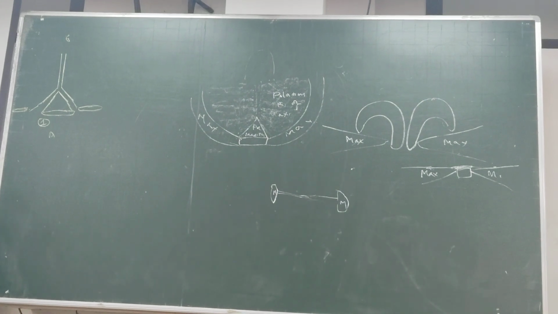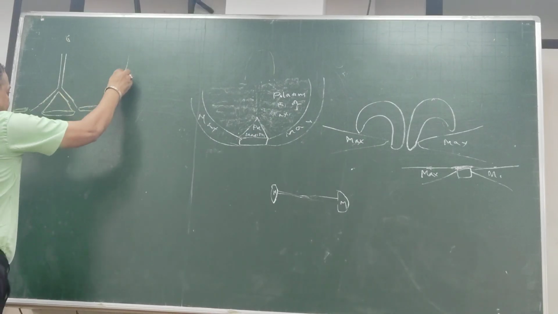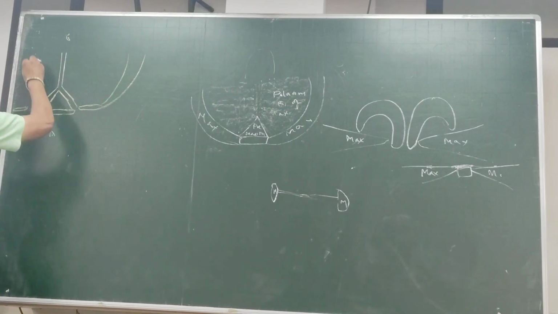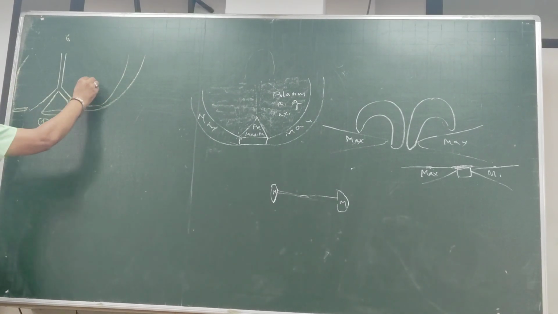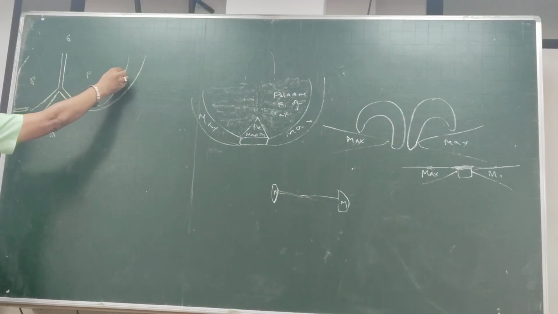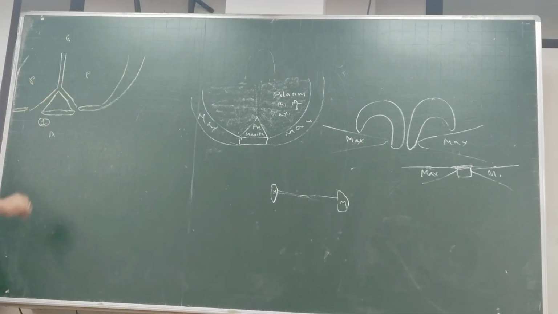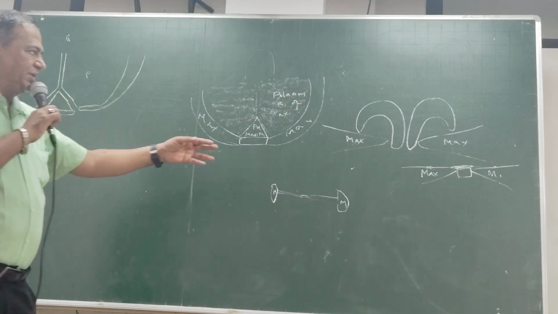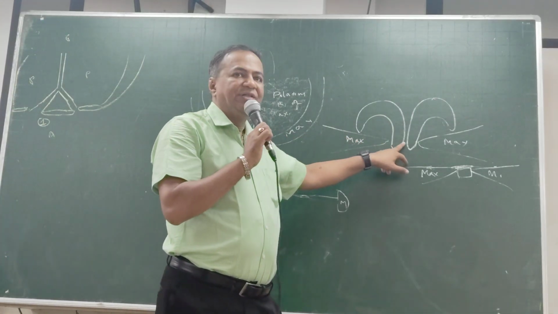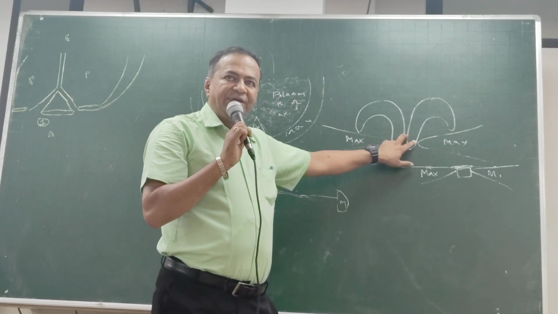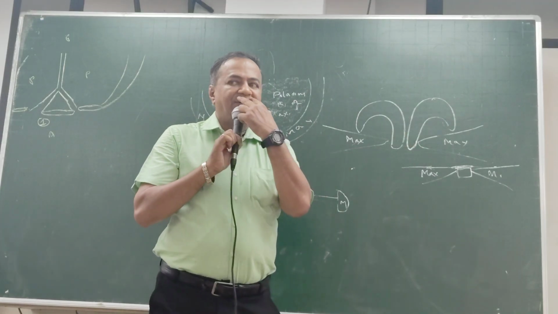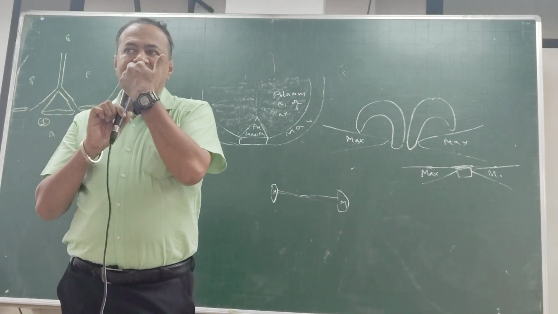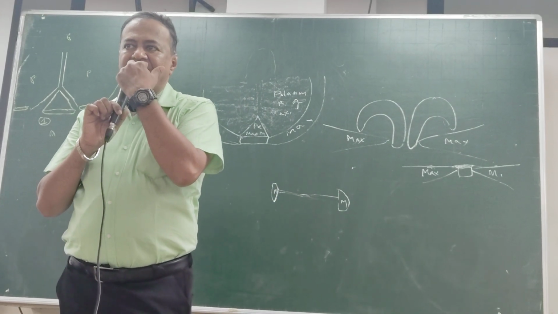Now we are talking about possibility 1. These two palatine processes coming from the maxilla fail to fuse with each other and the premaxilla. Last time also we had discussed the same thing. If maxillary process fails to fuse with the 2 medial nasal processes, we get either unilateral or bilateral cleft lip.